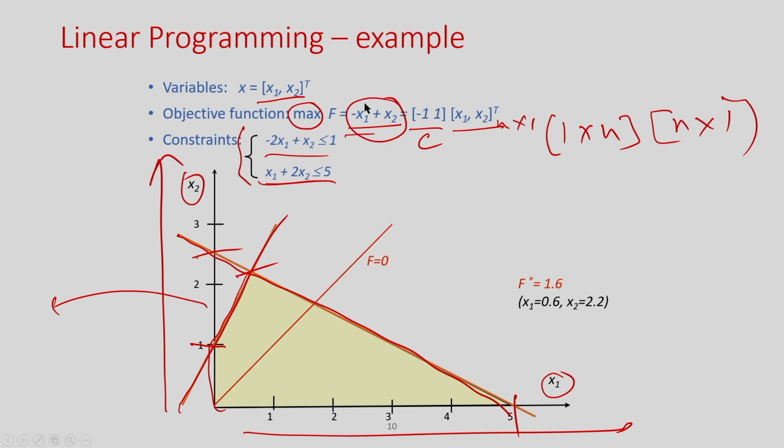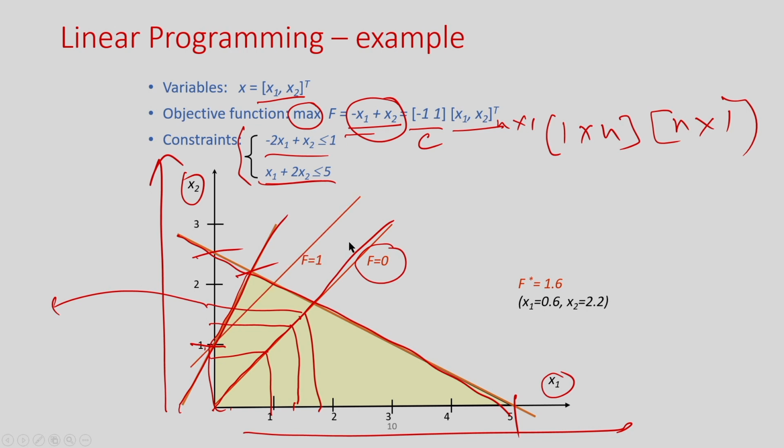Now, if you try to solve this and just put these values, if your x1 is this value and x2 is this value, say 1.2 or 1.3 and so on, in all cases you will get f equal to 0. So, all the values on this line will give you f equal to 0, right.